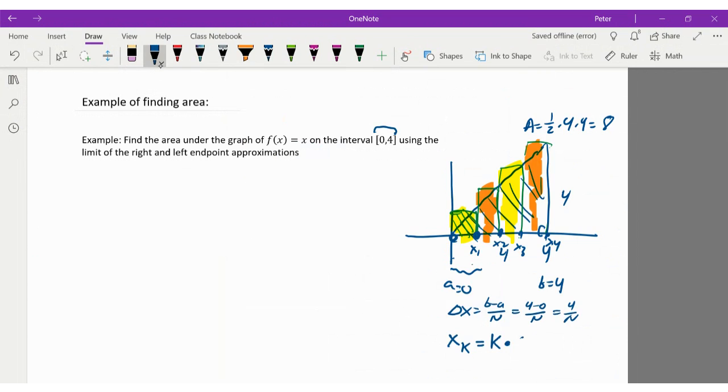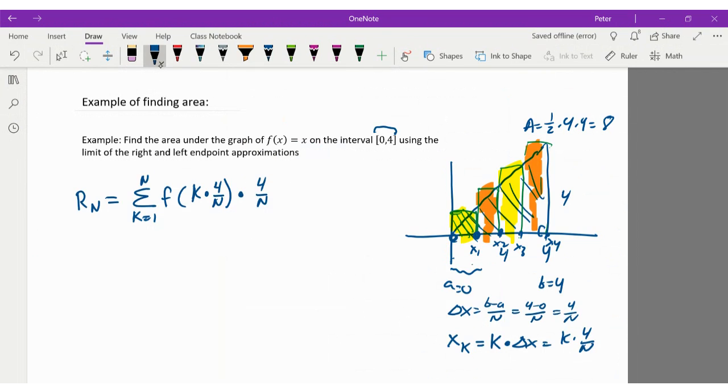So xk is k delta x, or k times 4 over n. So Rn is going to equal the sum from k equals 1 to n of f of xk, which is k times 4 over n, times delta x, which is 4 over n.